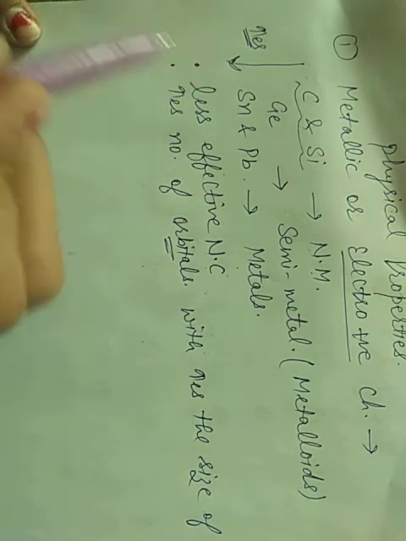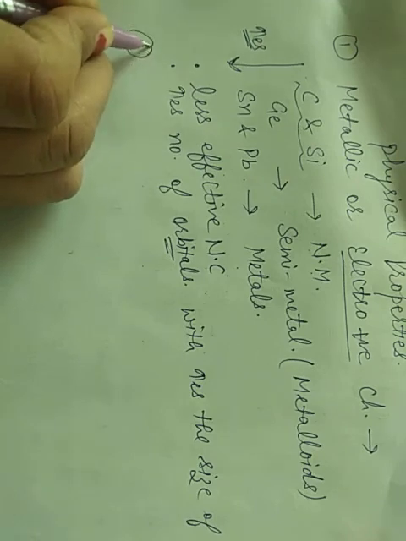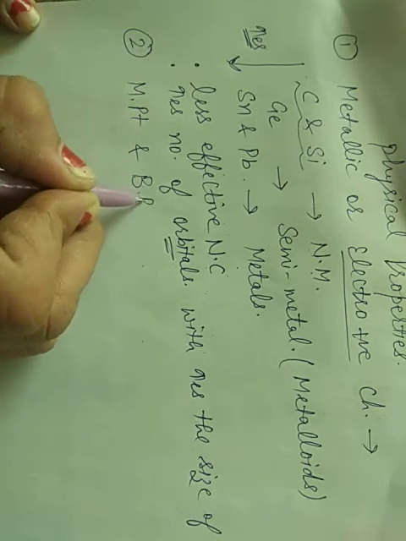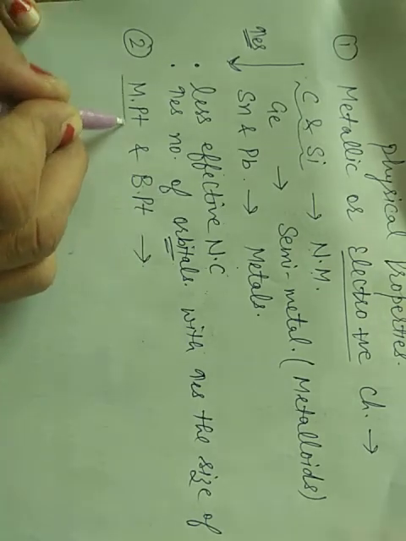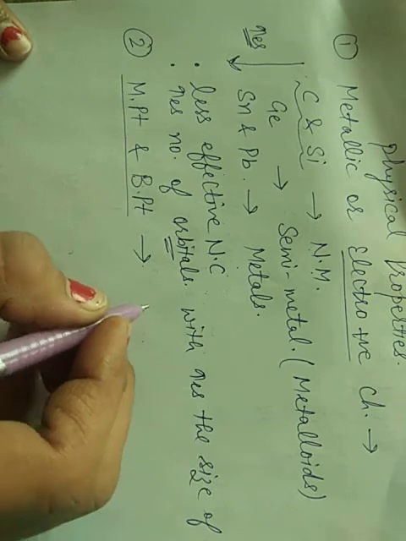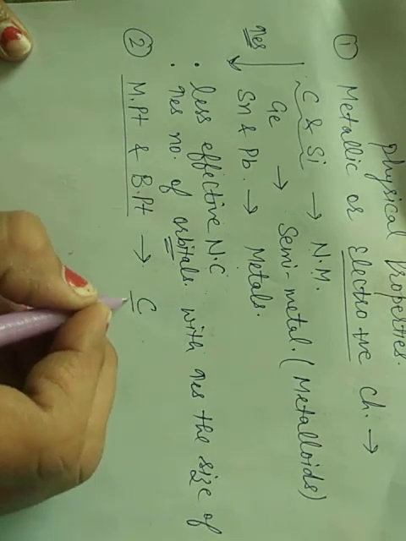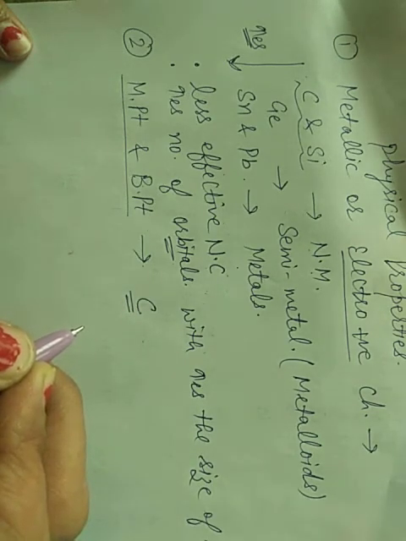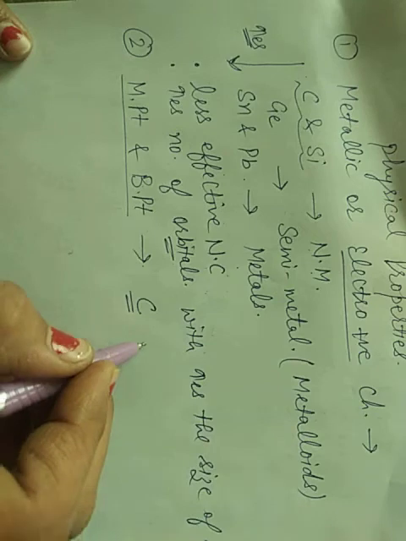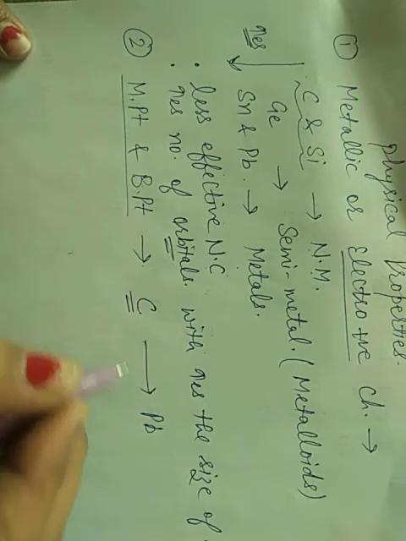Okay. Now the second property, that is melting point and boiling point. In this case, carbon has the highest melting and boiling point, but the value as we move from carbon to lead decreases.